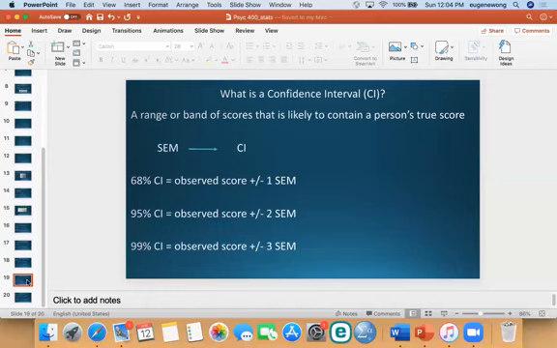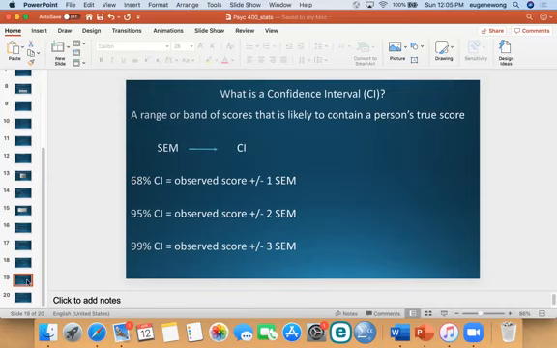Or I am 99% sure that his or her real score will fall between this value and that value. That sounds right, but it doesn't sound right to say, oh, I'm 68% sure.